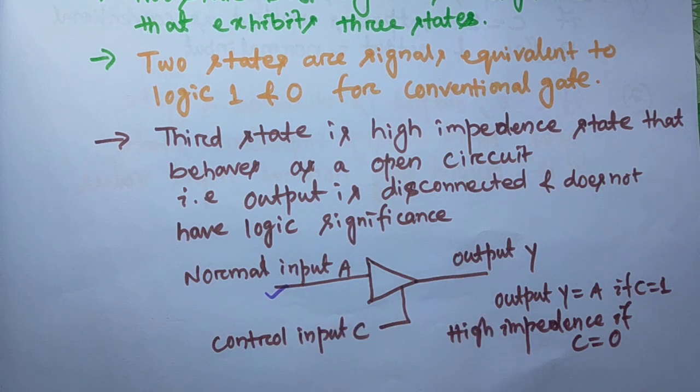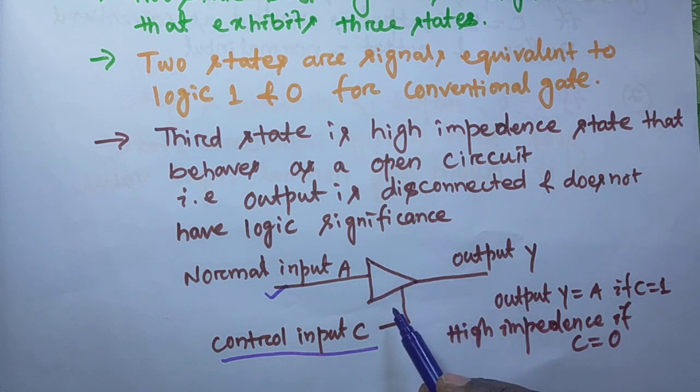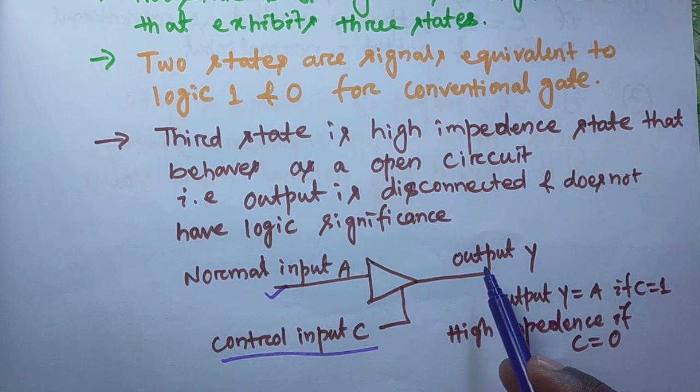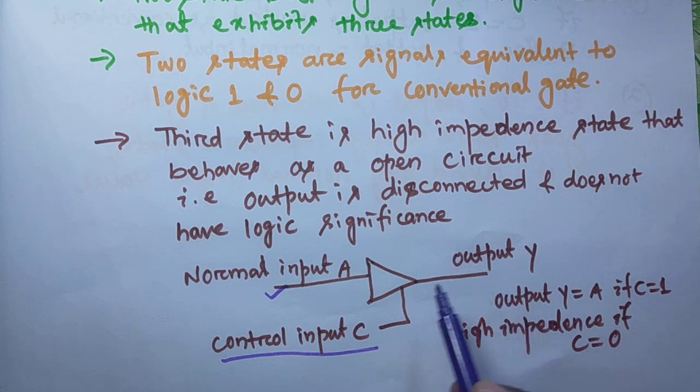But since our topic is a three-state buffer, another state we consider is a control input state. You see here, it is mentioned as the control input state. That means it controls this circuit: either it receives the input and gives the output, or whatever input we provide to this circuit has no effect on the output.